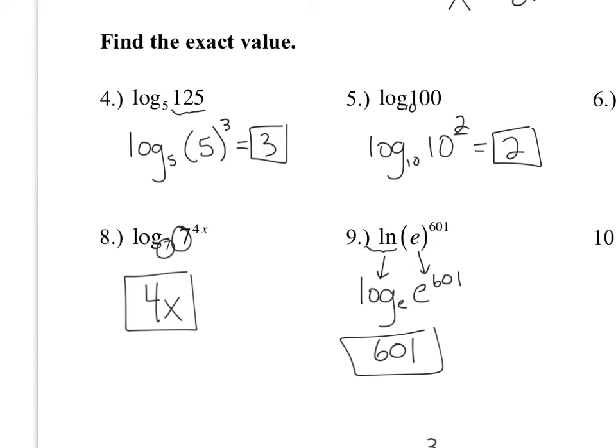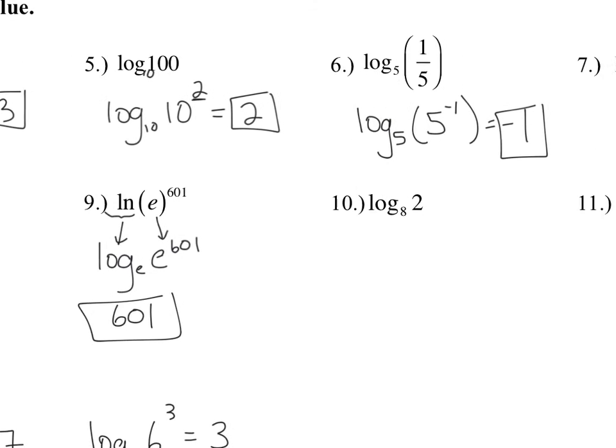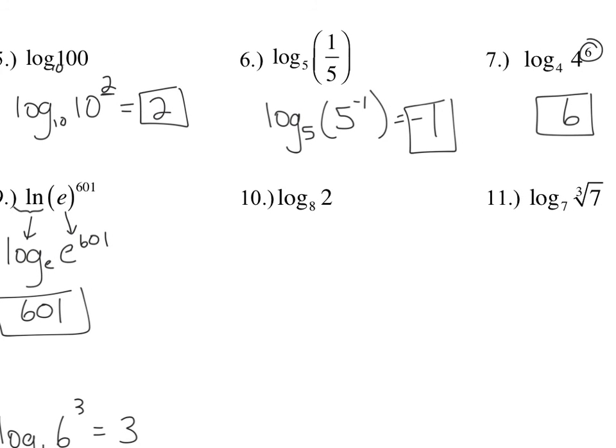So on the test, don't try to overthink some of these and try to do all this calculation because it's really not necessary. So for this one, you might have to think again a little bit if you're not certain of your exponent properties. So if I have a log base 8 of 2, I have to think of some power that's going to give me a 2. Well, it's not going to be a negative exponent because negative exponents would just flip the fraction, so you'd have a fraction. We don't have one.